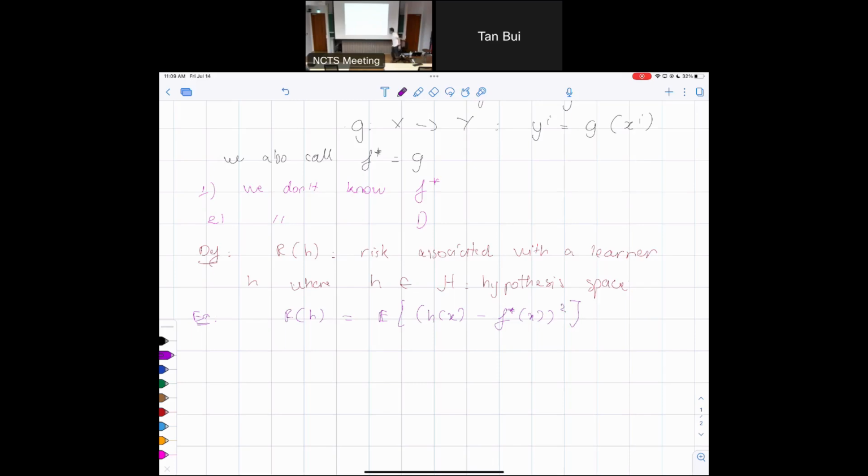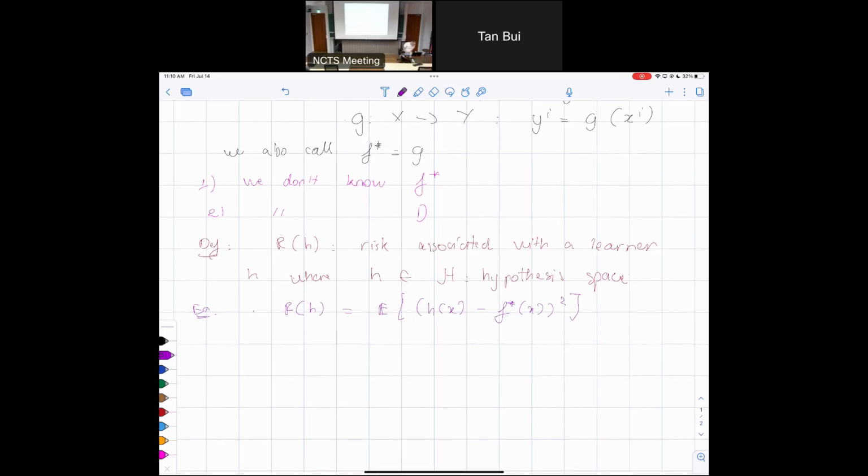This h is a learner. We call it a learner, and this is f. For example, the first is this, the second is where H is based on neural networks, neural network functions from parametric, deep neural network, DNN.